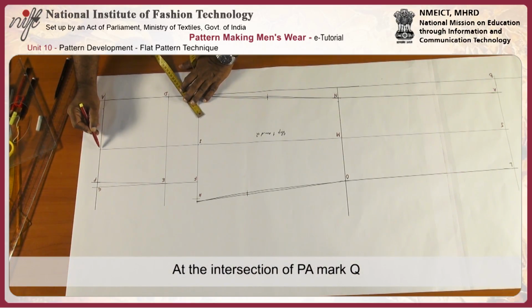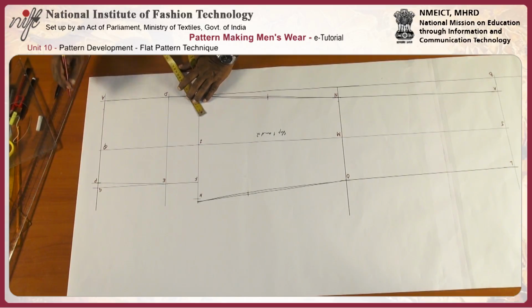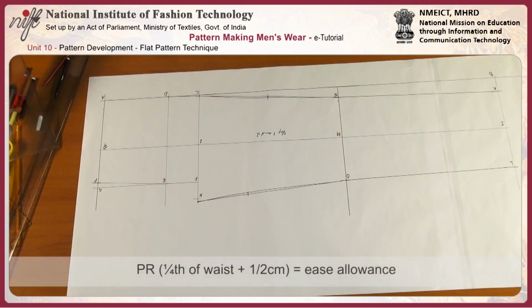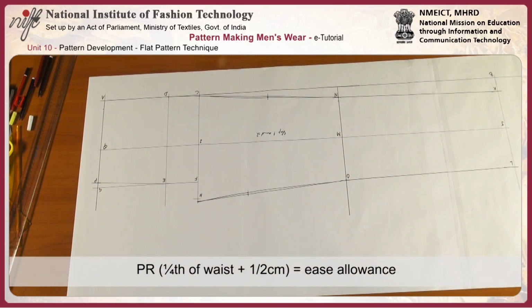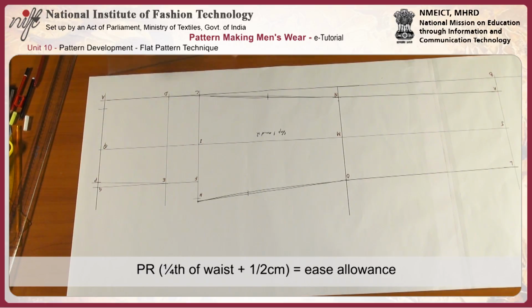The intersection of the crease line at the waistline will be point Q, and P to R will be 1/4 of waist plus half centimeter, or 5 mm is allowance.